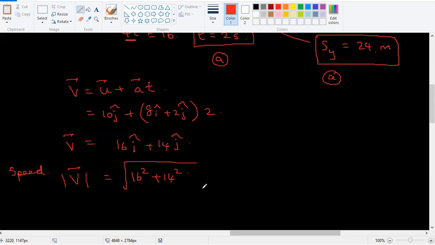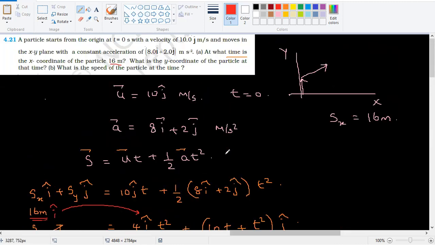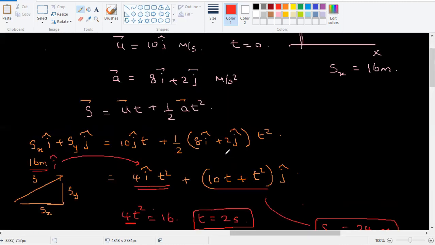Whatever you are getting there, 256 plus 196, whatever that is. Anybody not following? It's not very difficult, it's very easy if you know the method.